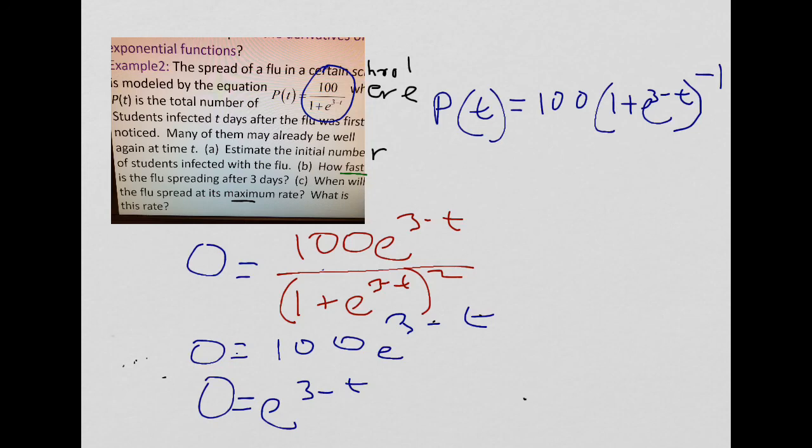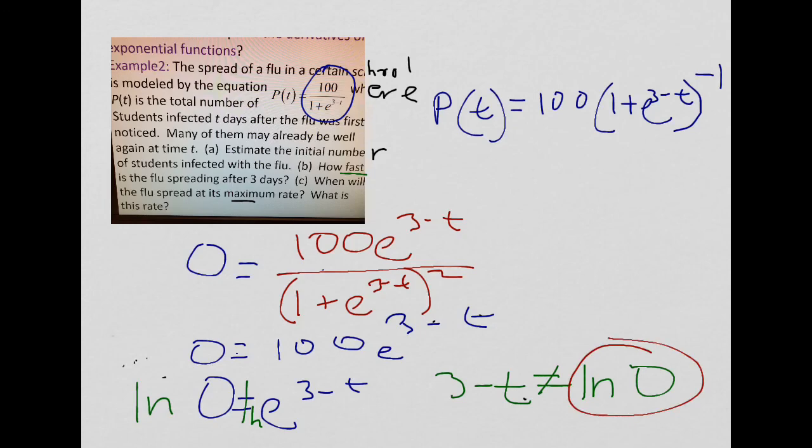And to get the variable by itself, we could do ln on both sides. But we have a little bit of an issue. 3 minus t cannot equal the ln of 0 because the ln of 0 is not defined. Think of its graph: y equals the ln of x. It never touches the y-axis where x is 0.